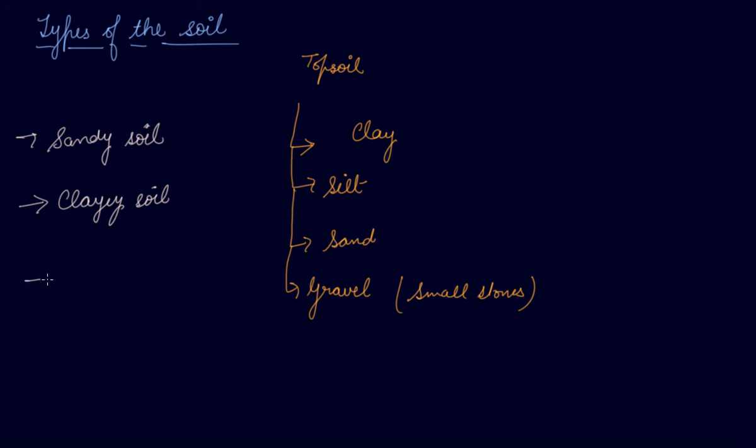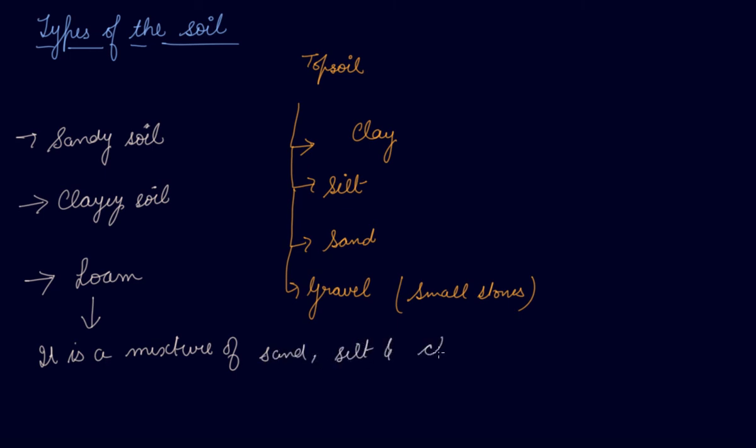Then we have the best topsoil for growing plants, which is loam. Now, what is loam? It is a mixture of sand, silt, and clay, and also has humus in it.